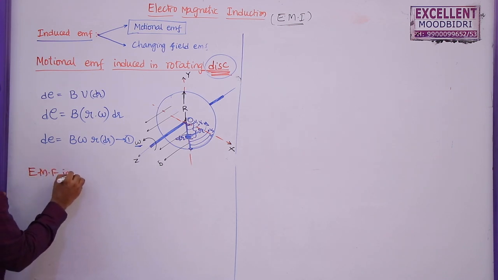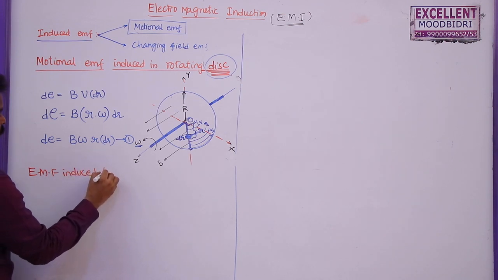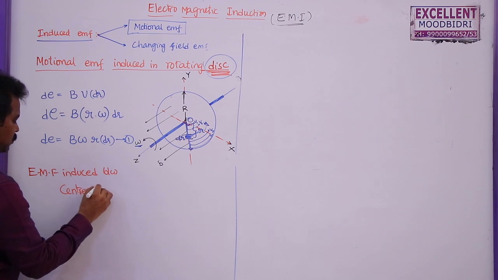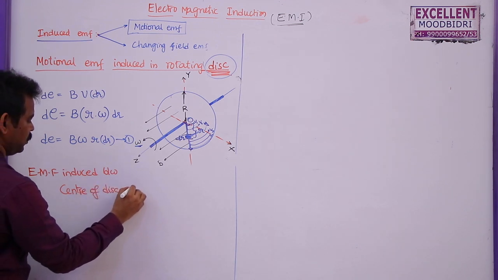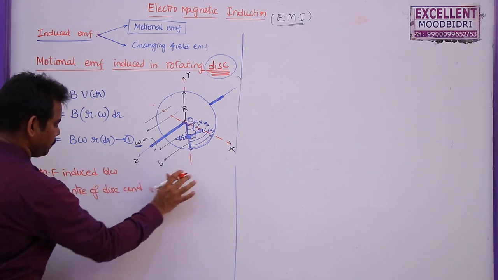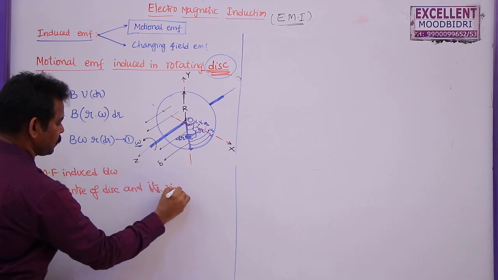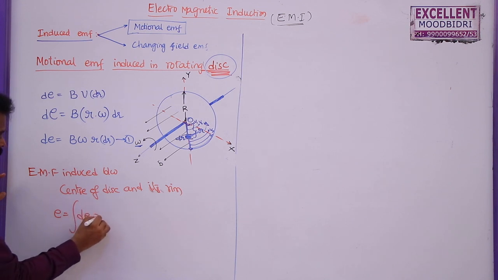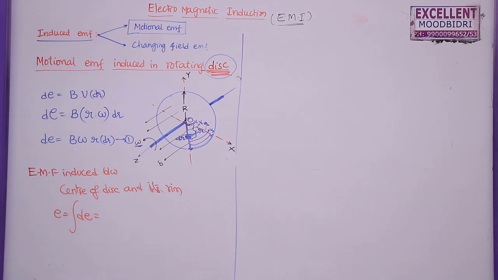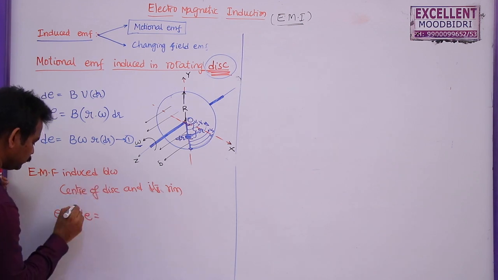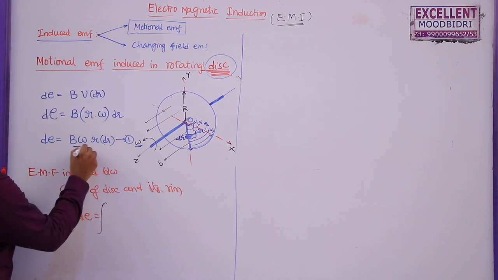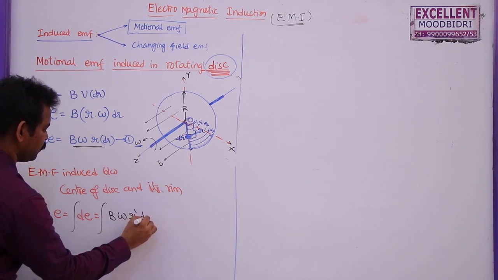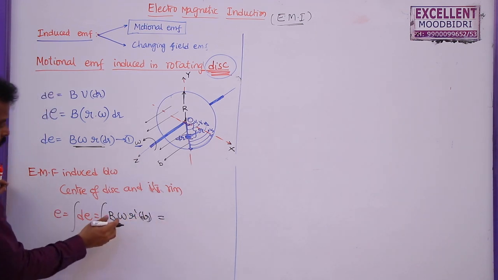So what is the net EMF induced between the center and the rim of the disc? The EMF induced between the center of the disc and its rim is given by E equals integral dE, which is the integral of B omega r dr. Bring the constants outside.